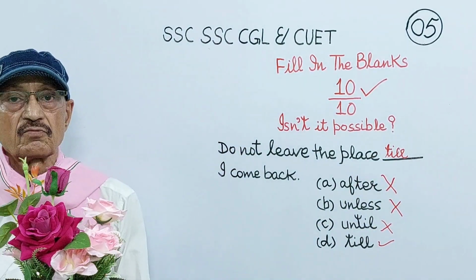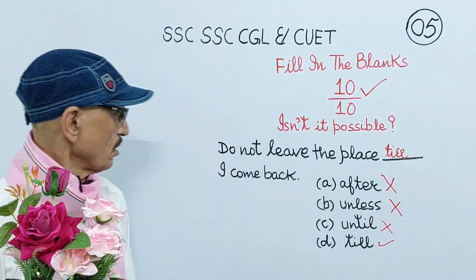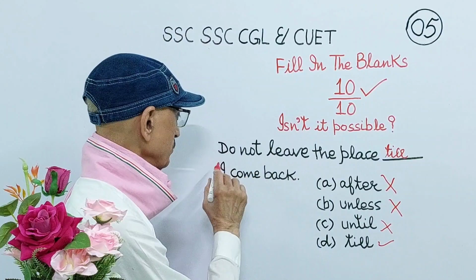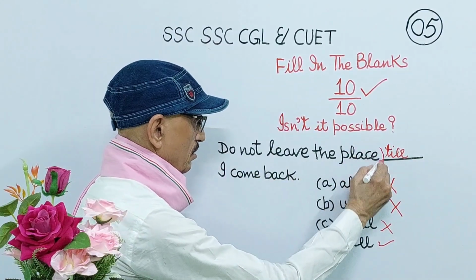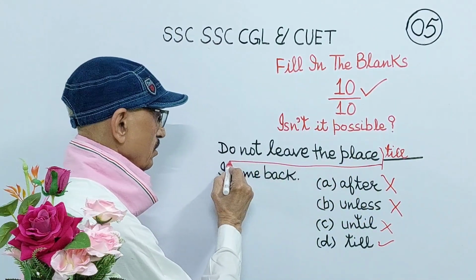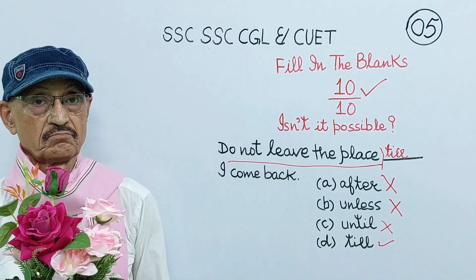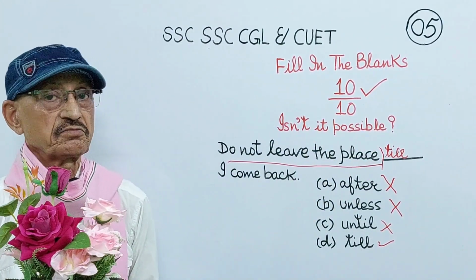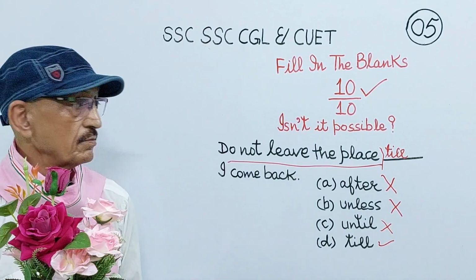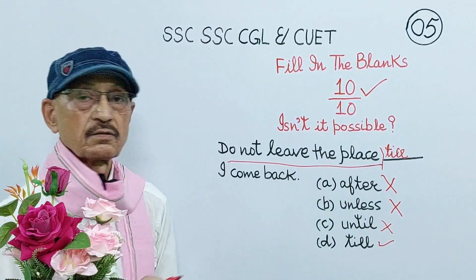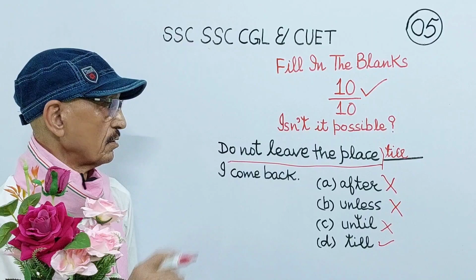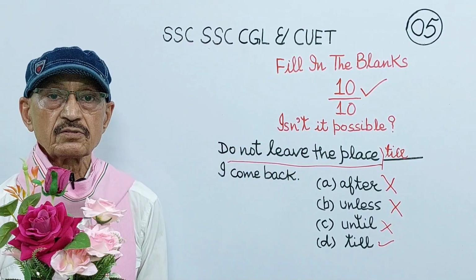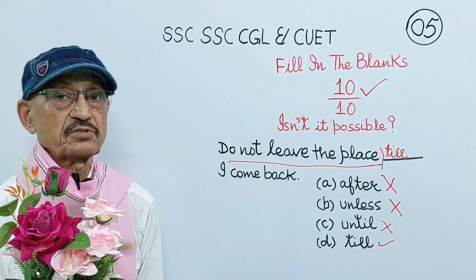Now I tell you the reason why you will take till. Do not leave the place. This is your imperative part, in negative. If you take until, it gives a negative sense. You cannot take that, so you will have to take the conjunction till because it will give a positive sense.